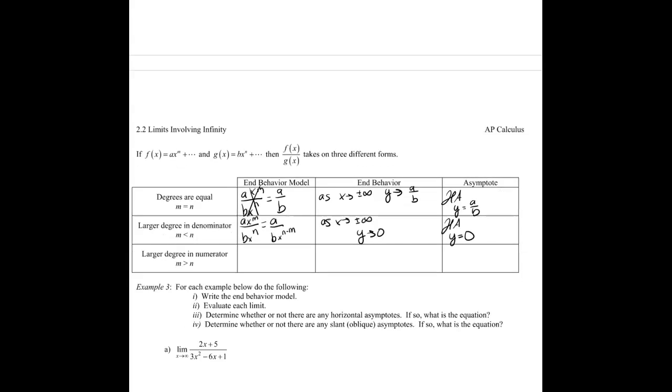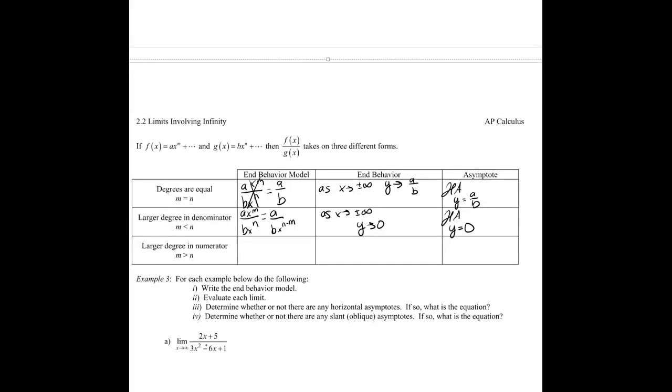Alright, so what if the degree is larger in the numerator? Well, I'm still going to have that same end behavior model of ax to the m over bx to the n, which is equal to, this time I'm still going to subtract, so I'm still going to end up with a x to the m minus n, all over b.